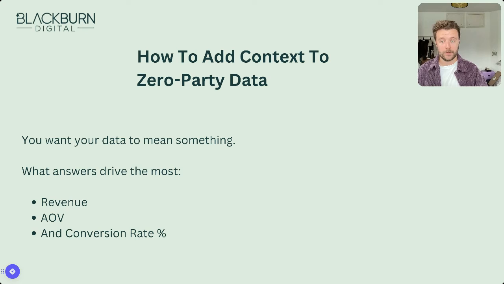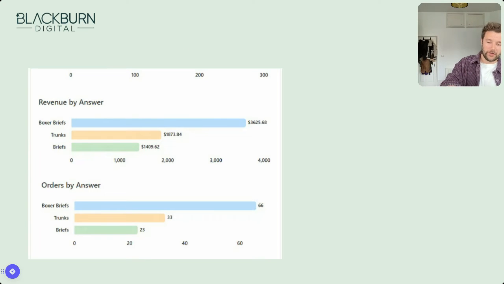So this is a very great example of a software called FormToro. FormToro is an email capture pop-up, but its real USP is focusing around giving context with the zero-party data you collect. Right here is a very basic example, but you can see from this screenshot that Boxer Briefs was the one that generated the most revenue and the most orders, whereas Briefs actually has generated the least revenue.